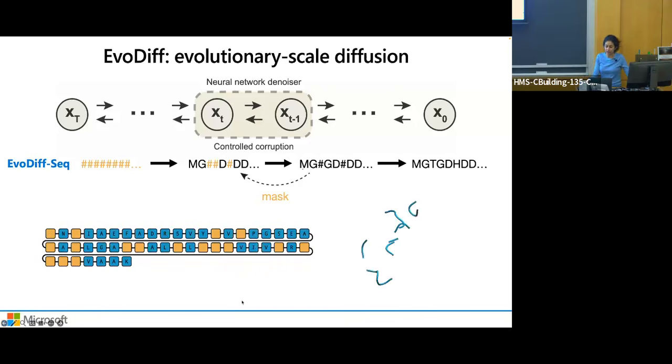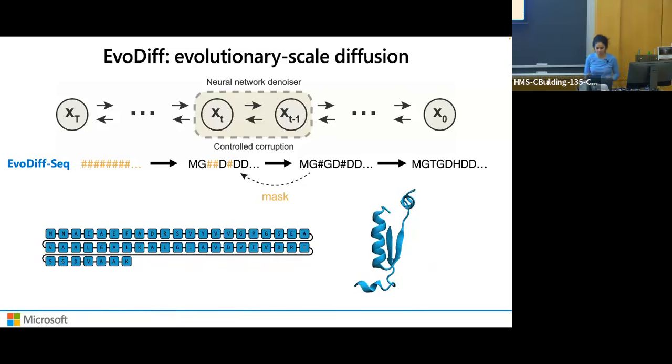What I'm showing you here on the left is a visualization of that sequence-based, stepwise generation. And what you see here on the right is a visualization of the likely predicted structure from that sequence. Importantly, to the prior question, our model is solely operating over sequence space, and any structure visualizations I show are after the fact, not direct generations from the model itself.